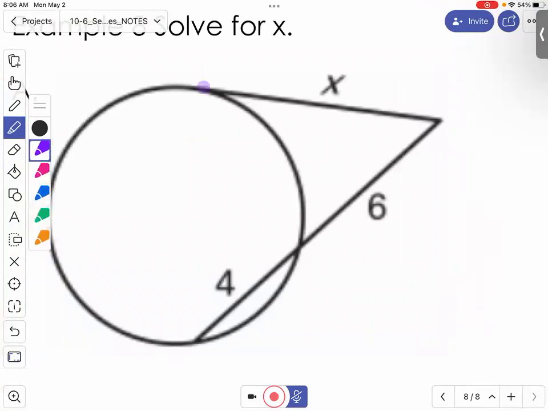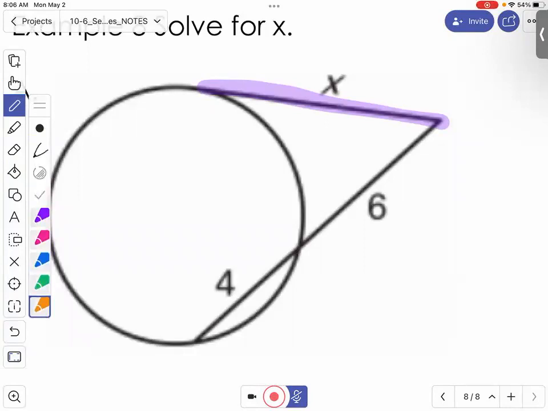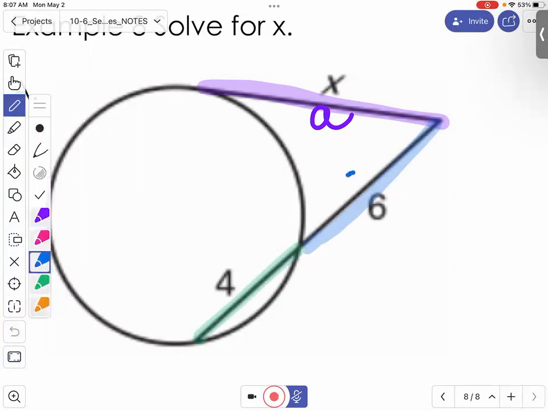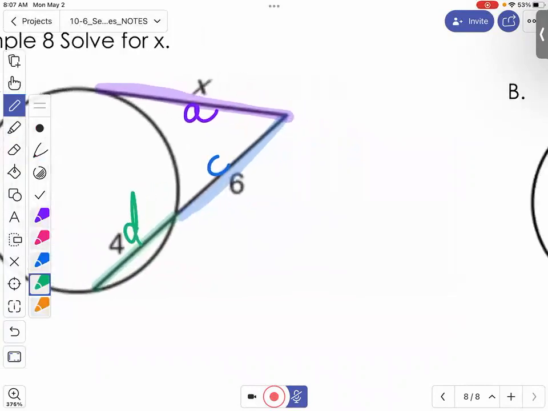All right, so find the piece that is just one single, and that is my X. So there is my A piece. Again, there is no B for this one because there's only one section to that top segment. But we still have the C and the D. So let's plug this in and see what happens.